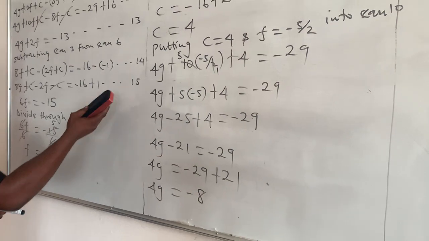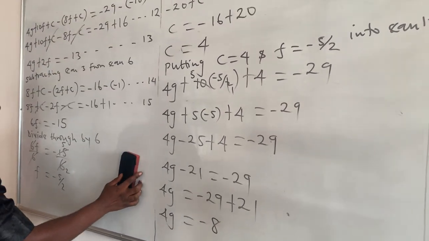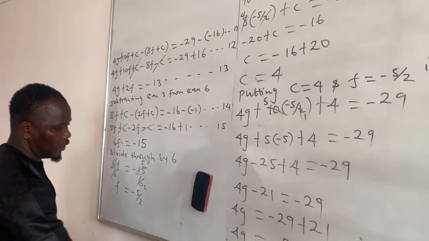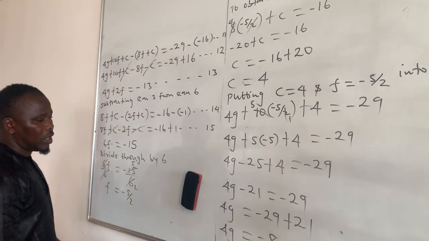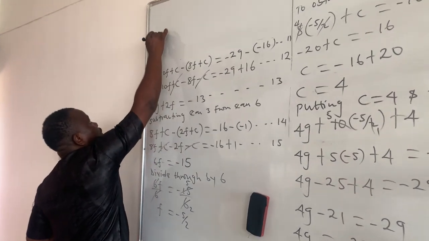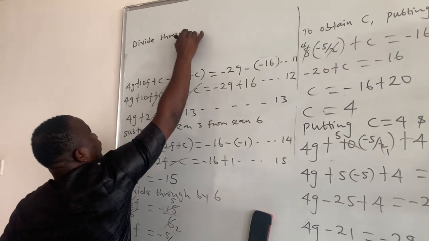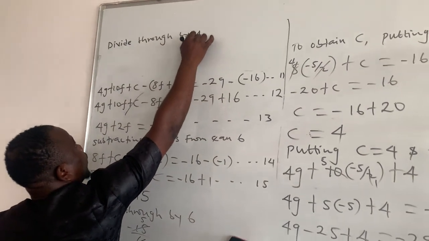So if you agree with me, since we are looking for the value of g, we'll divide through by 4.